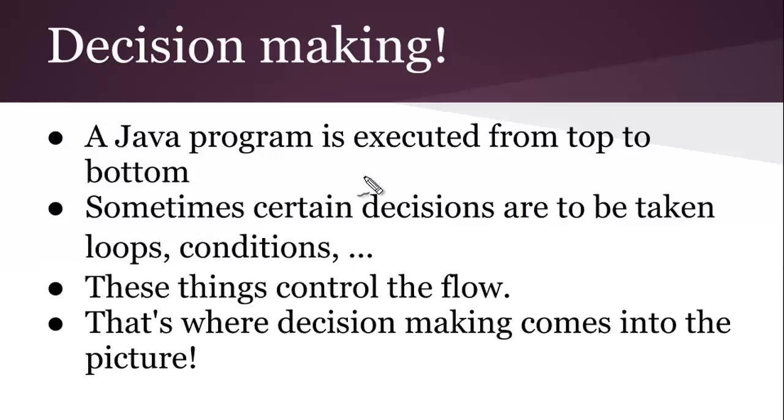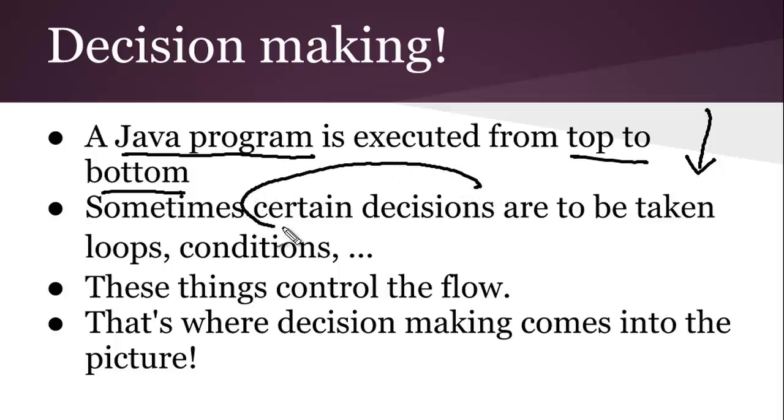Now, an important point to note here is that a Java program is basically executed from top to bottom. But there are times when certain decisions are to be taken. Basically these can be loops, these can be conditions.